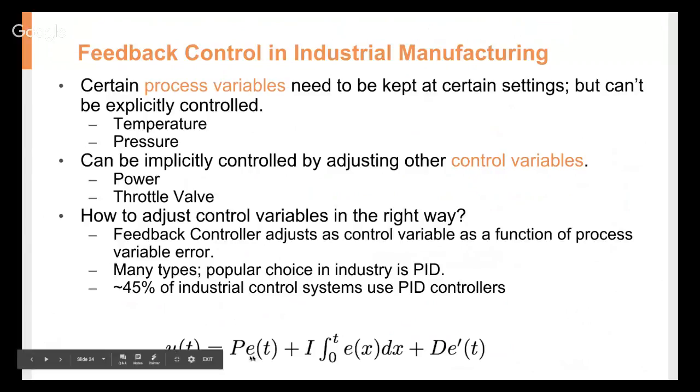And so the proportional term is directly multiplying by the error. The integral term is accounting for information that occurred in the past, errors in the past. And the derivative term is trying to essentially predict where the error is going to go forward in time, in the near future, by using the derivative.